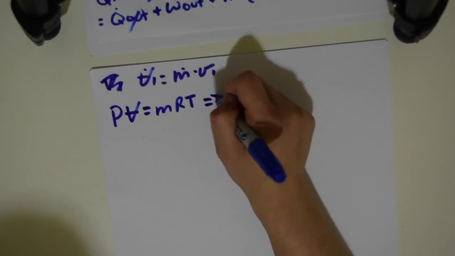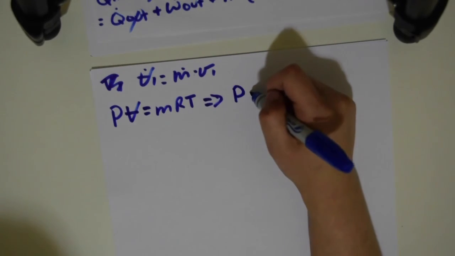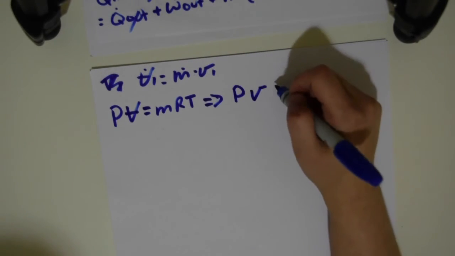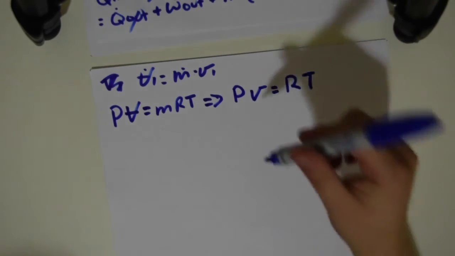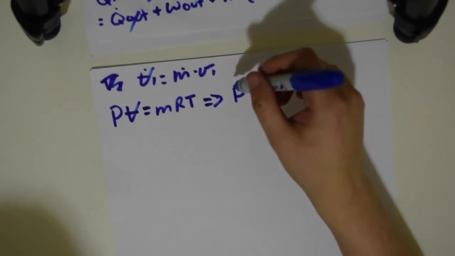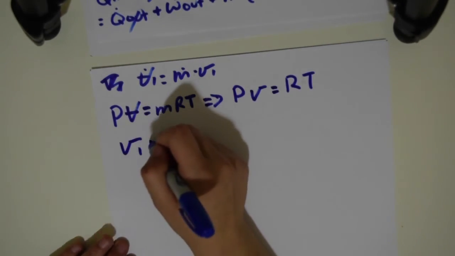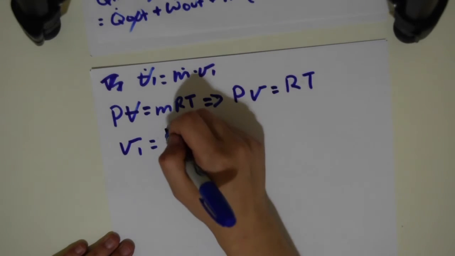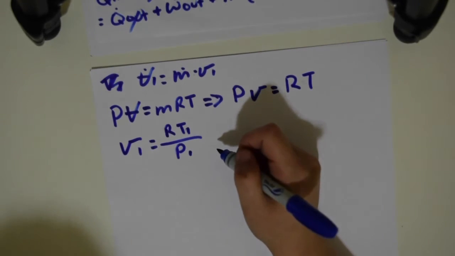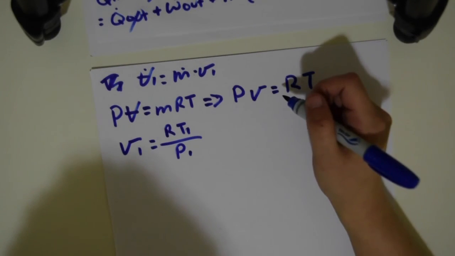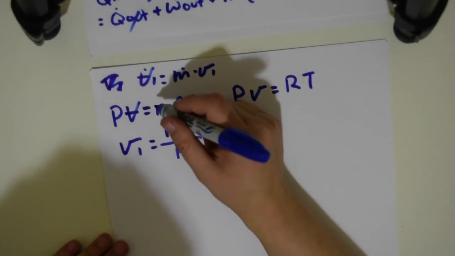We're going to modify this for the open system, since we want the specific volume: P times specific volume is equal to RT. So specific volume 1 is equal to RT1 over P1, and knowing this, we can now calculate the volume flow rate.